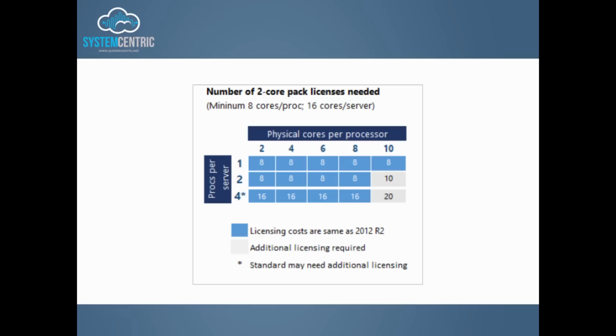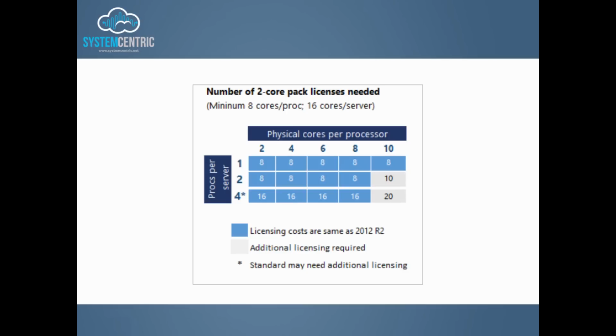Just another quick slide there just to explain how it rolls through, differences between 2016 and 2012 R2. As you can see, if you've got one processor with 10 cores on there, then you don't need to buy any additional licenses. If you've got 2 processors, each with 8 cores, you don't have to buy any additional licenses as you would have done from 2012 R2. But if you start going up to 10 cores per processor, then you do.